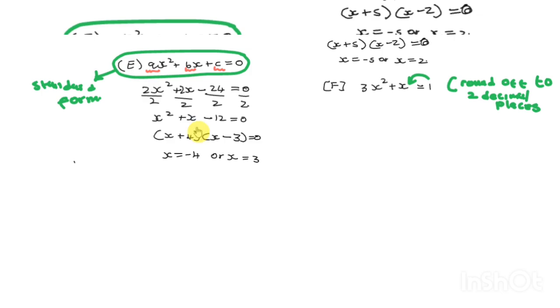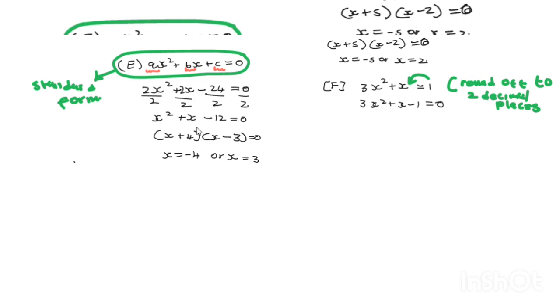If they tell you to round off to a number of decimal places, 2 decimal places, 3 decimal places, that is a clear indication for you to use the quadratic formula. So they want to see you substituting into the quadratic formula, but not yet. You have to make it a standard form first before you can do that. So 3x squared plus x minus 1 will give you a mark because you have made an equation that was not in standard form to be in standard form.